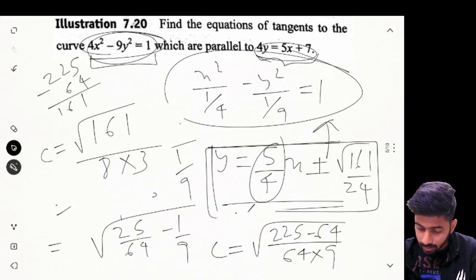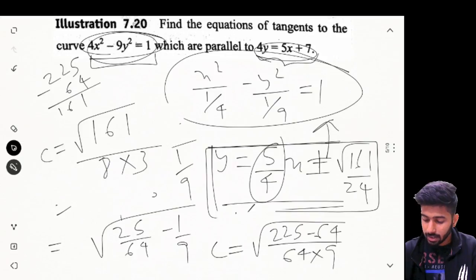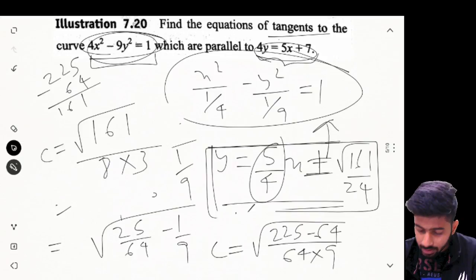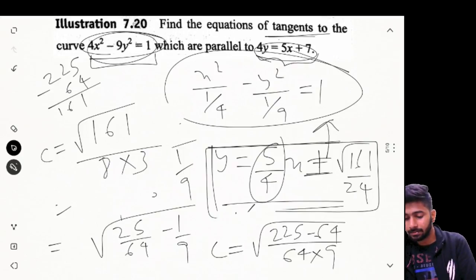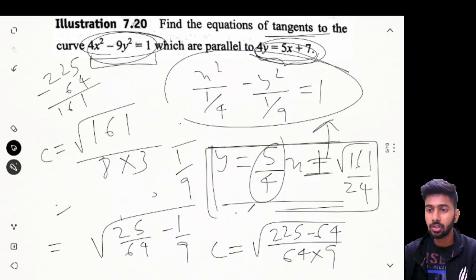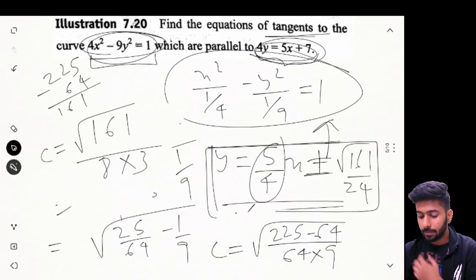Because of this plus and minus, that's why the question says equations of tangents, because you have two tangents here, which are parallel to the straight line and tangent to the hyperbola, right? Because you remembered the form, you could do this quickly.